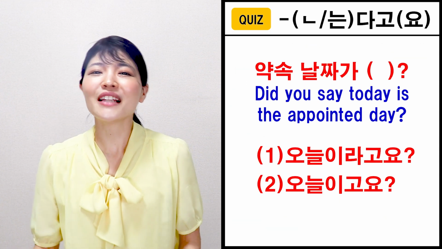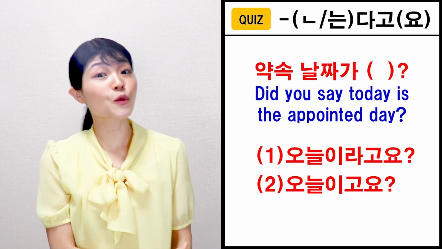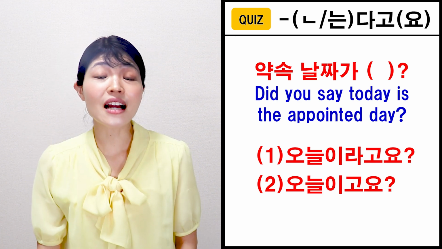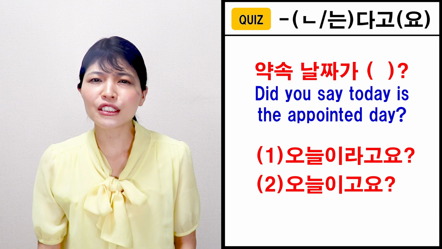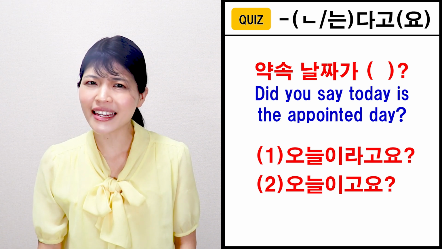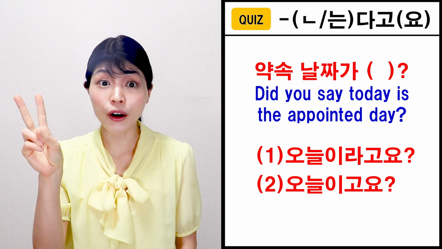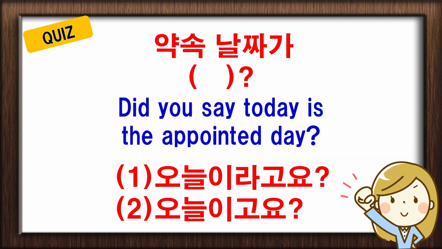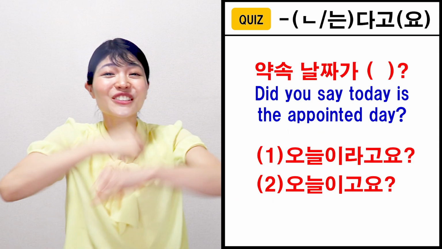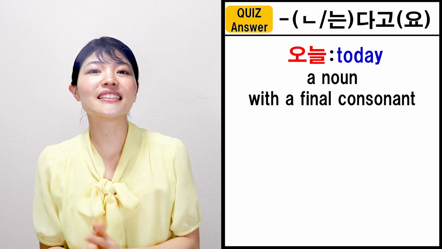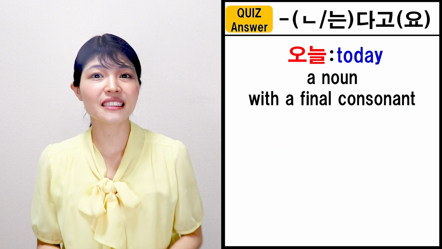Quiz! Now let's nail the grammar through the quiz. What number will be in the blank? 약속 날짜가. Did you say today is the appointed day? Number 1, 오늘이라고요? Number 2, 오늘이고요. The correct answer is number 1. 오늘, today, is a noun with a final consonant.